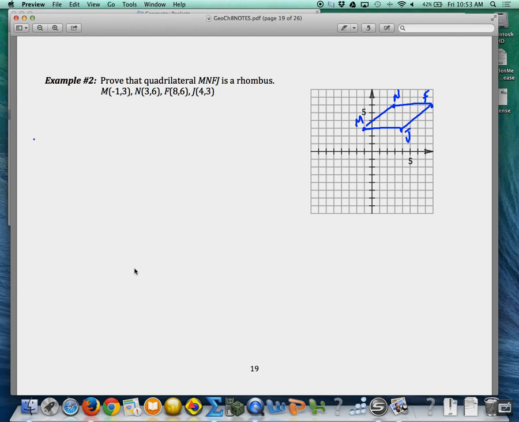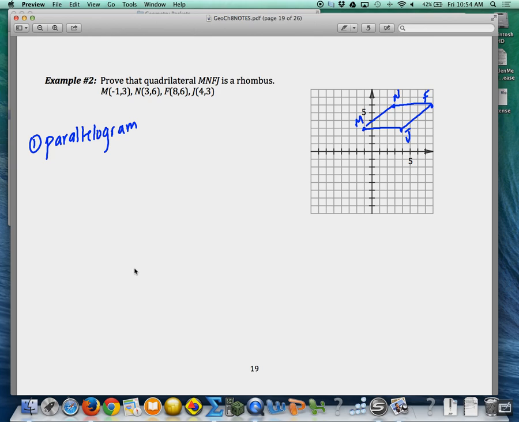Okay, so first thing that we have to do is we have to show that this is a parallelogram. Okay, I don't want to do slopes again because we've already done that, so what's another way that I can show that this is a parallelogram?